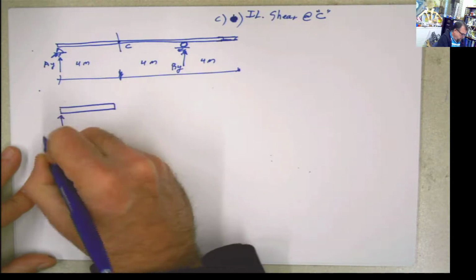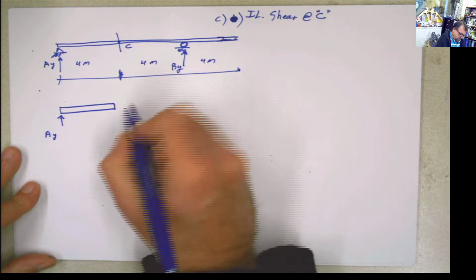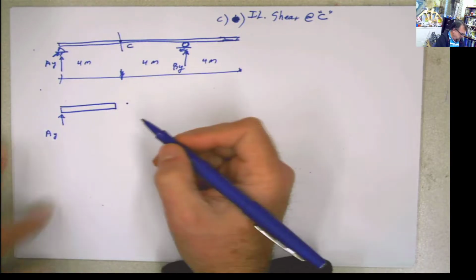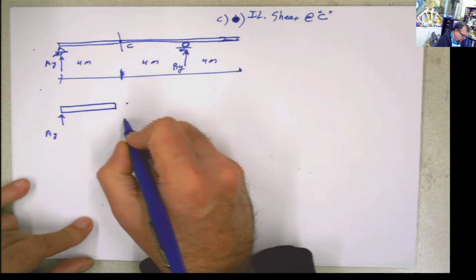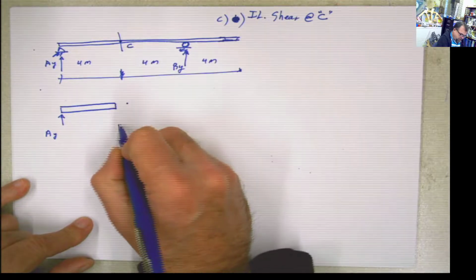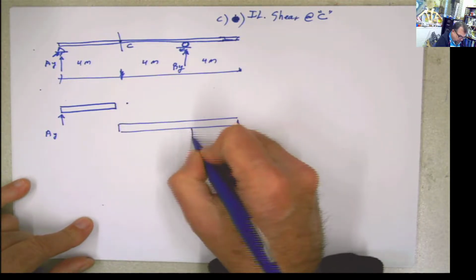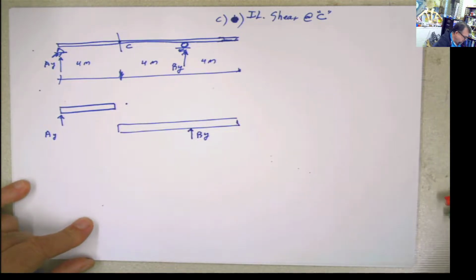you're going to have here your AY, and on this other side I'm gonna put it here, even though I don't like it too much. And then you have the BY acting here. Remember, internal forces.